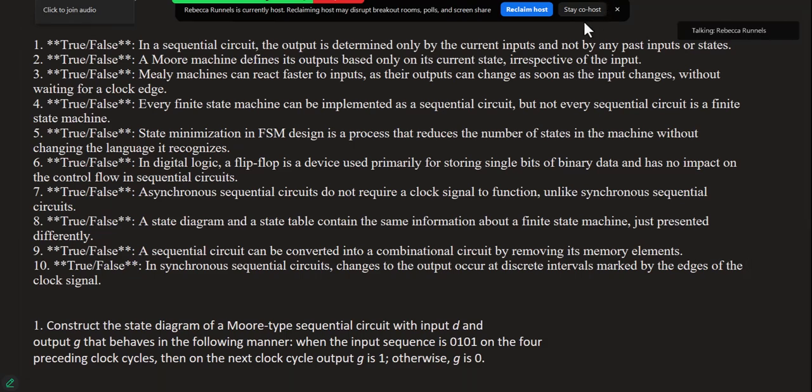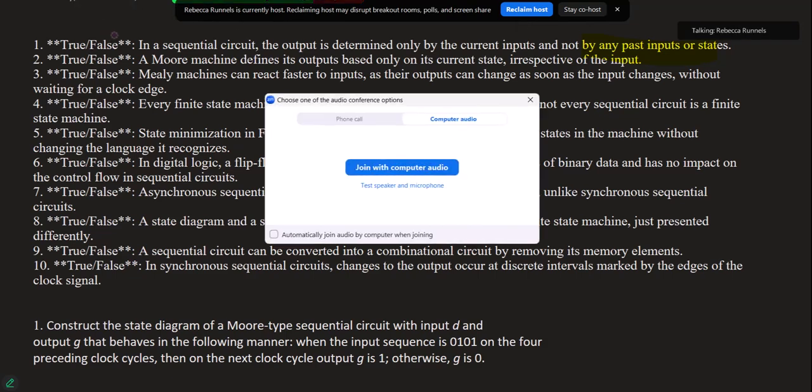So that's false, because it is definitely determined by past inputs or states. So false.